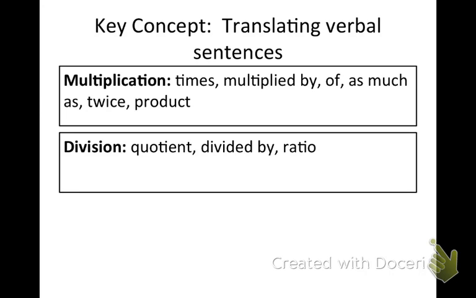Quotient, divided by, and then sometimes if you see a ratio of something, then that means you're putting it into a fraction, which is pretty much division. Okay. All right, so I'm going to give you a verbal phrase. See if you can translate it into a mathematical model. It's going to be our goal here.